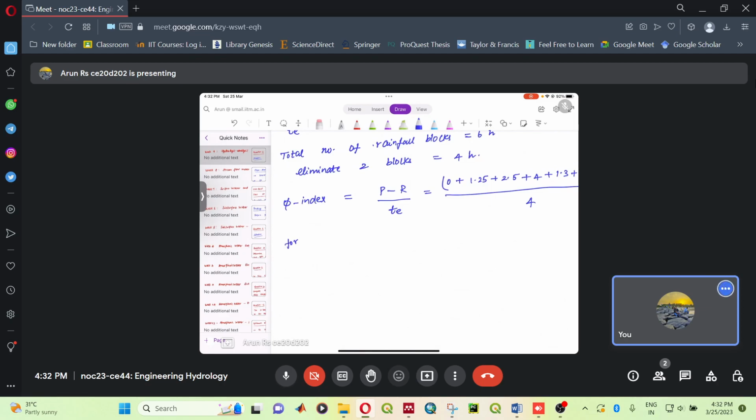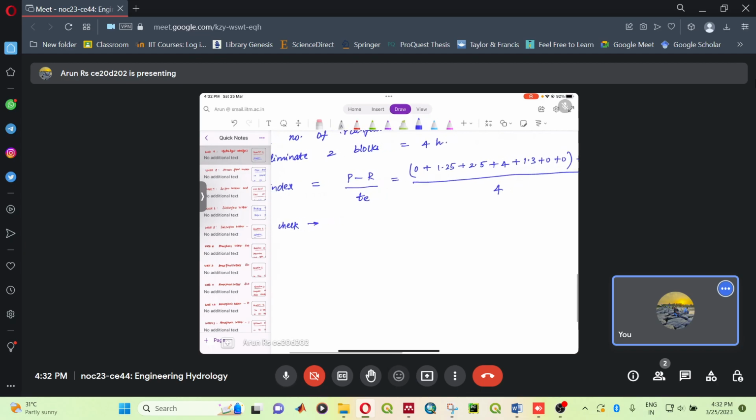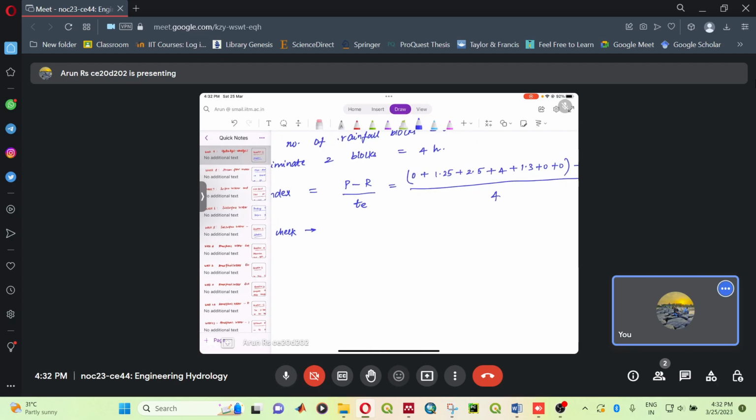Now we can check whether it is correct or not. So for check, P minus phi into T should be equal to your runoff.